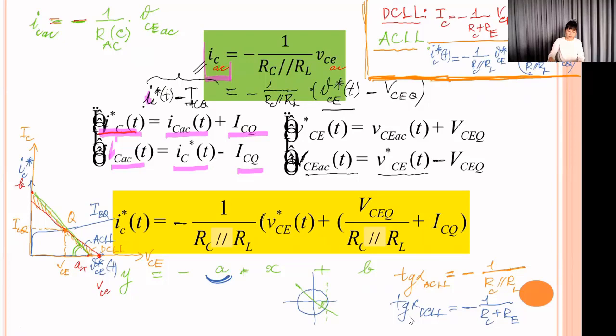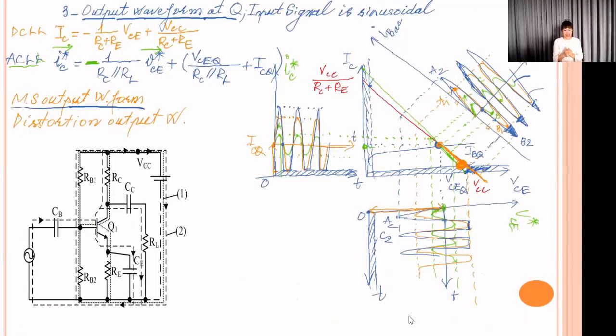And last time, I introduced you to this circuit, and you already have this circuit's output volt-ampere characteristic. We have three kinds of waveform.